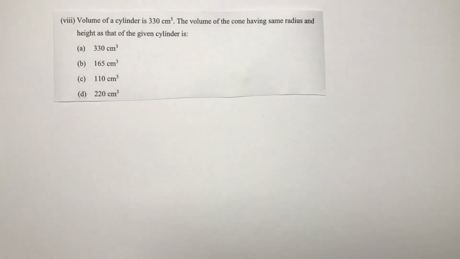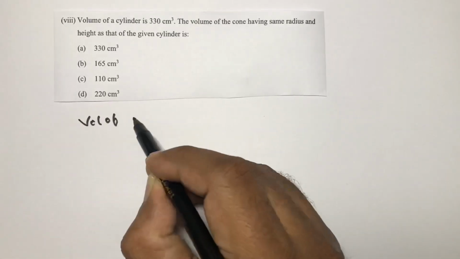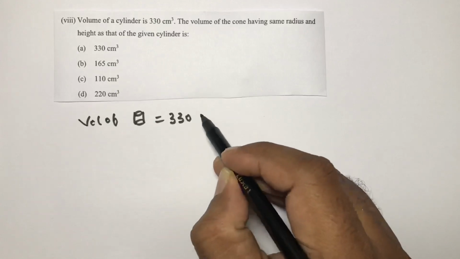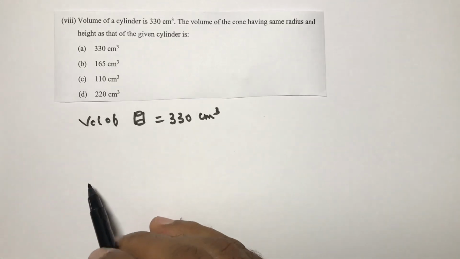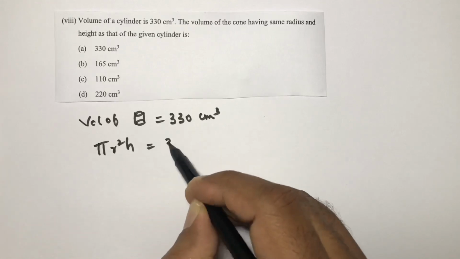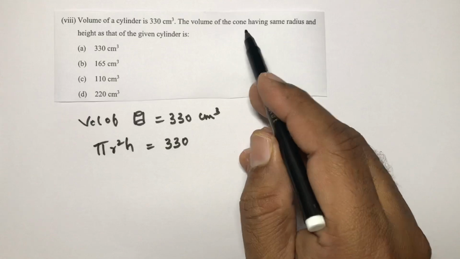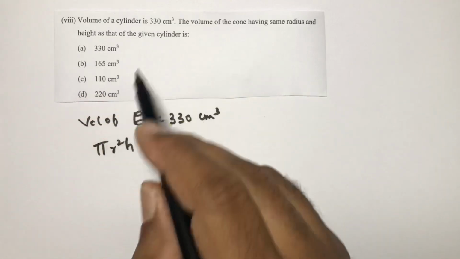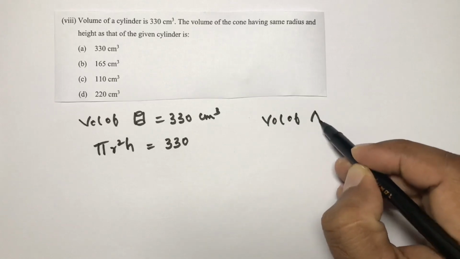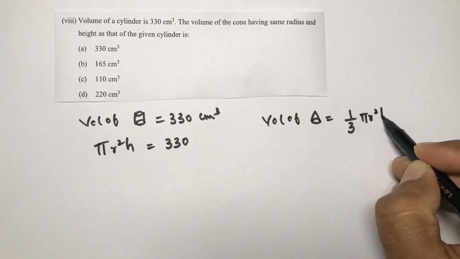The volume of a cylinder is 330 centimeter cube. The volume of a cylinder formula is pi r square h. So pi r square h is 330. We need the volume of the cone having the same radius and height as the cylinder. The volume of a cone formula is 1 by 3 pi r square h.